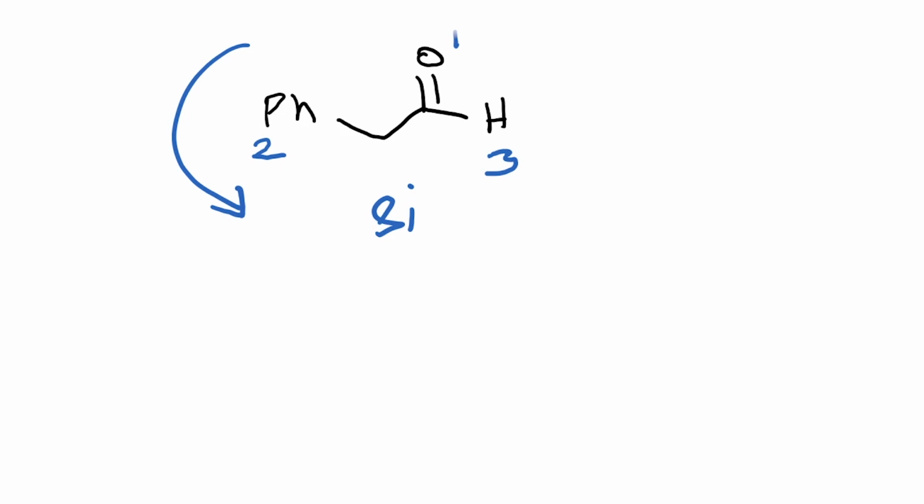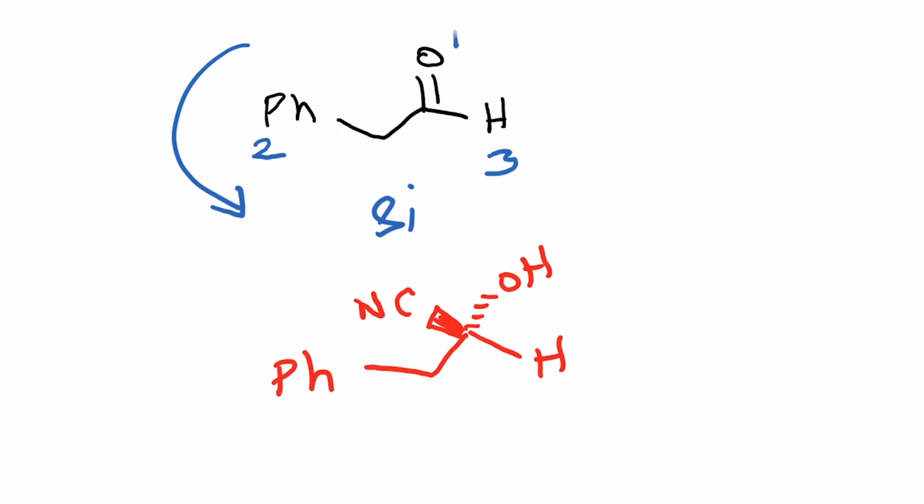Now if the Si face reacts, then we're going to get CN over here, OH over here, H here, and Ph over here. So if the Si face reacts, I get this compound with cyanide, which is the example that we looked at previously. Now if I number this, this is priority number 1, this is priority number 2, and this is priority number 3.